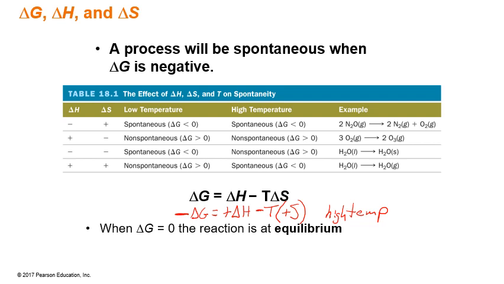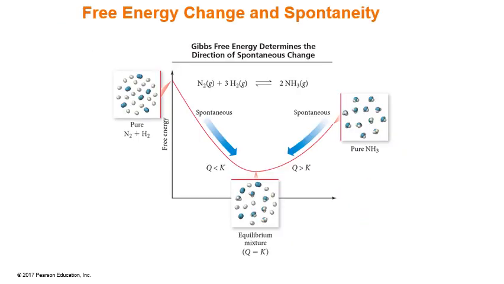Now, if Gibbs free energy is exactly 0, that means that our reaction is at equilibrium. So if we think about our chemical reaction, at equilibrium, our delta G is equal to 0. If we're not at equilibrium, we're going to be moving towards that equilibrium position.